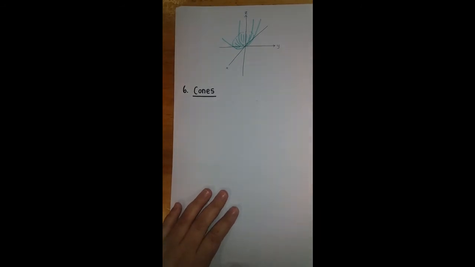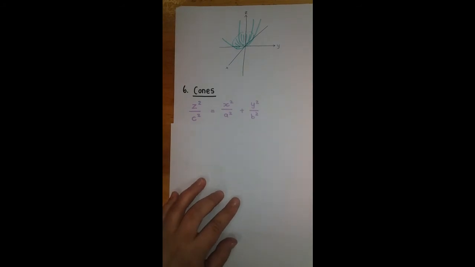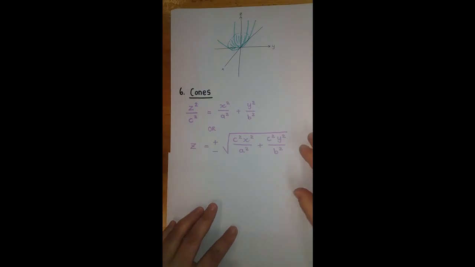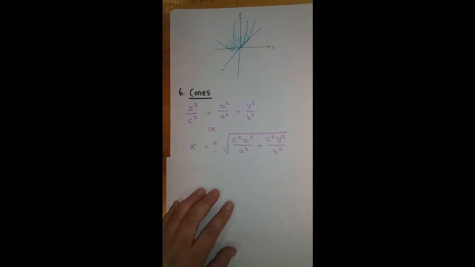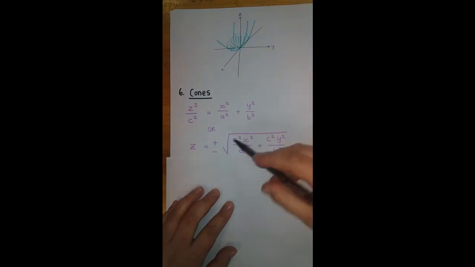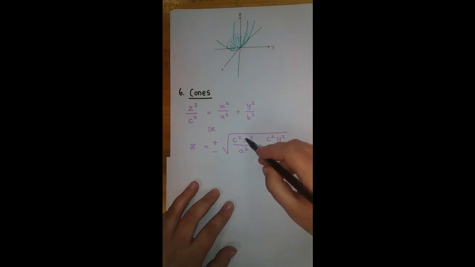The last surface that you'll encounter is cones, and they have the following general formula: z squared over c squared is equal to x squared over a squared plus y squared over b squared. Or sometimes you'll find that the lecturers are sneaky and they'll give it to you in the following form: z is equal to plus or minus the square root of something x squared plus something else y squared.